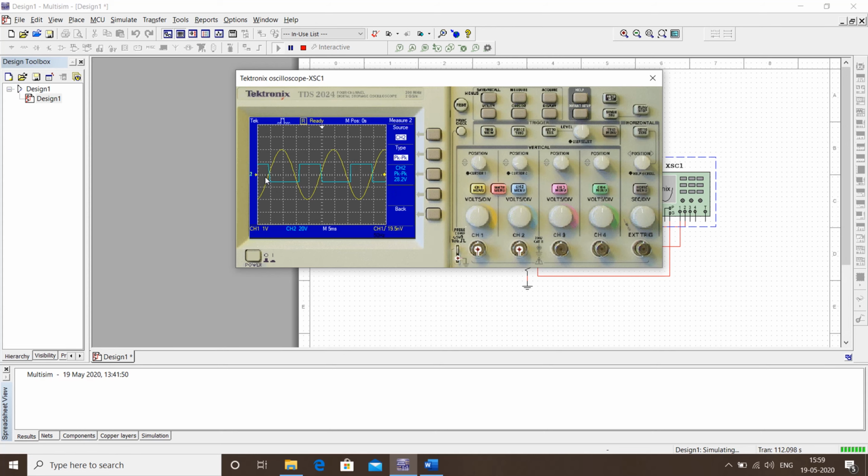And see, at this point, when the input is crossing 0 volt, that is the upper trigger point, the output switches from positive saturation to negative saturation, and when the input reaches minus 1 volt, the output shifts from minus VSAT to plus VSAT.